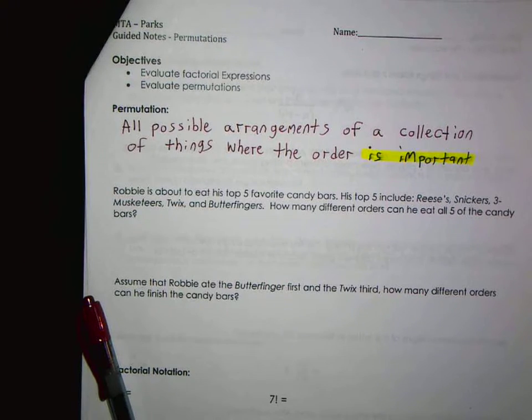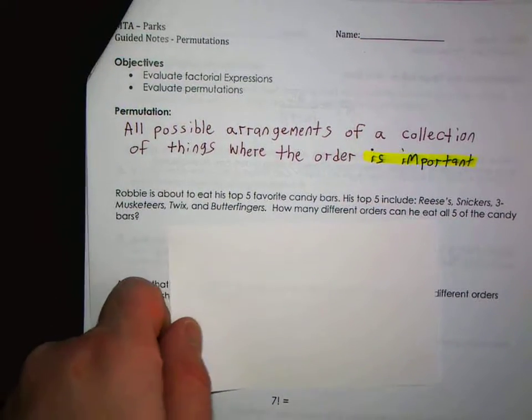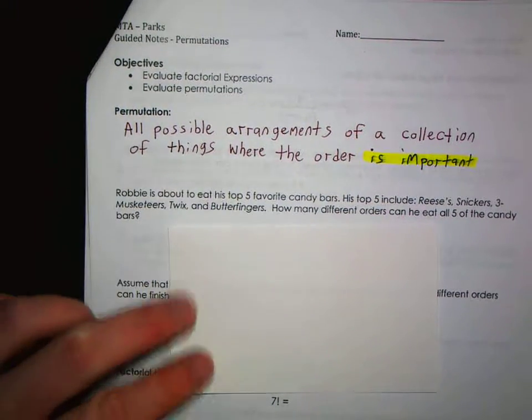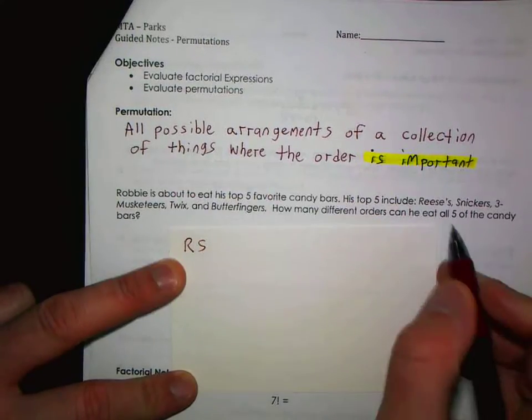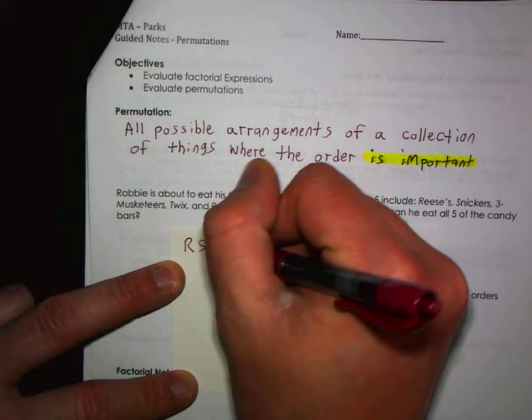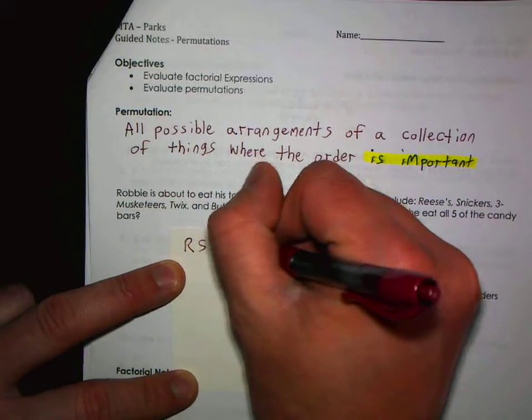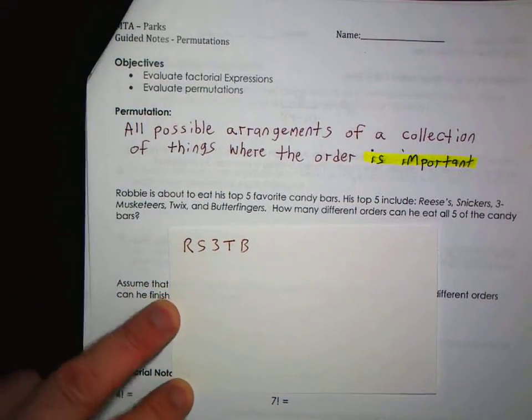But something's different today, because once you eat your Reese's, it's gone. You can't eat it again. Once you eat your Snickers, it's gone. And so, thinking of the combinations, I wouldn't copy this part down, but you could do a Reese's, a Snickers, a Three Musketeers, a Twix, and then a Butterfinger, right?